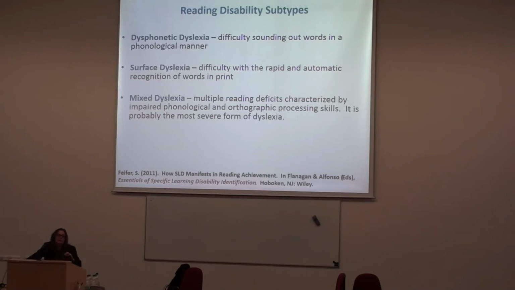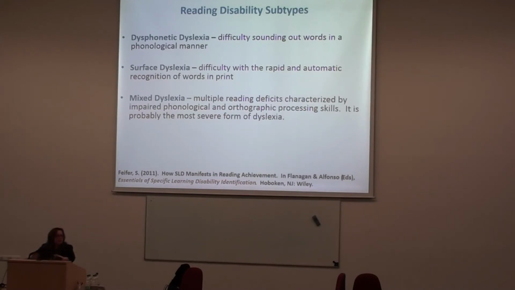And most individuals who really struggle with learning how to read most likely have difficulties in both phonological and orthographic processing. It's just that our tests have not been, until just very recently, sophisticated enough, and the research hasn't really made its way into our profession enough to have lots of tests of orthographic processing. We just started to develop tests of orthographic processing.